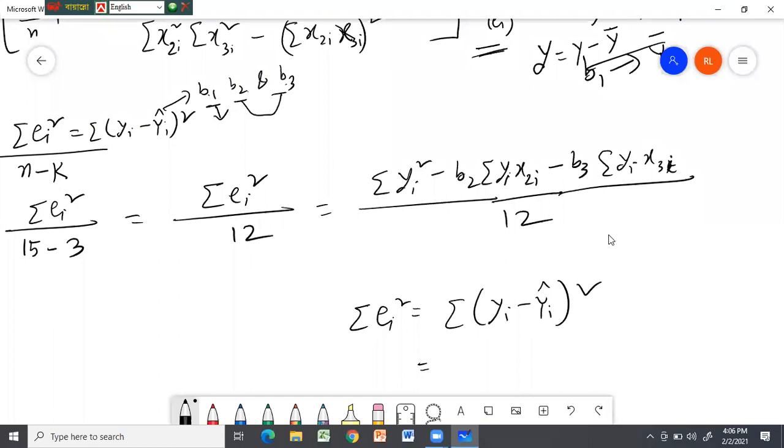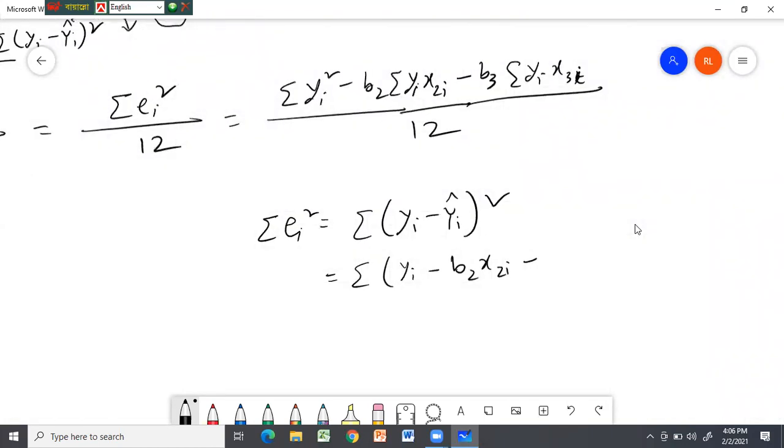So here you know that yi hat means b2 into x2i, I am not writing b1 now. Can you all see that I am not writing the b1 here? Yes, sir. And here is b3 into x3i. So there is no b1; I eliminated b1 from the start.